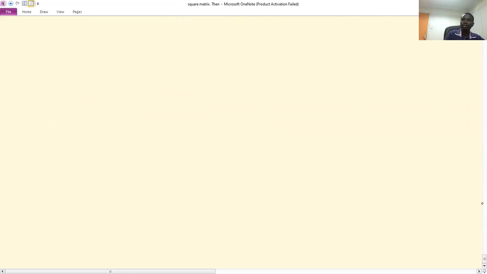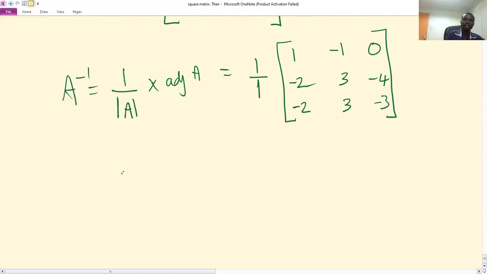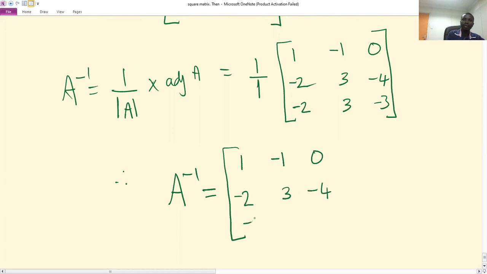So therefore, A inverse is just the matrix 1, minus 1, 0; minus 2, 3, minus 4; minus 2, 3, minus 3.